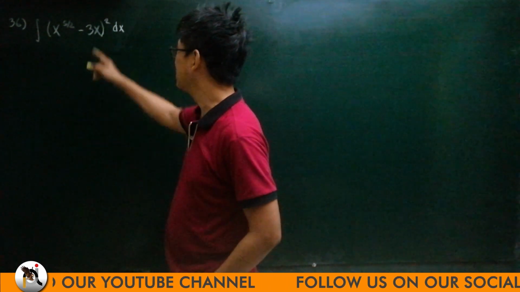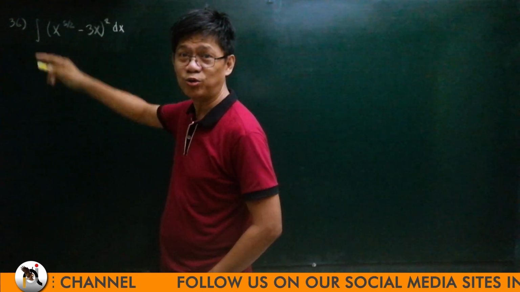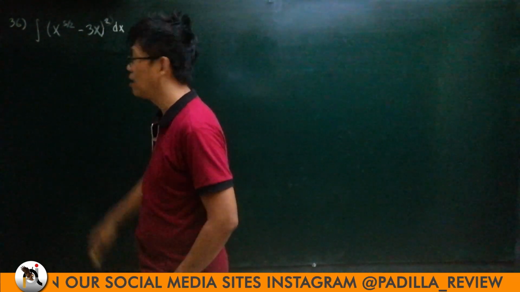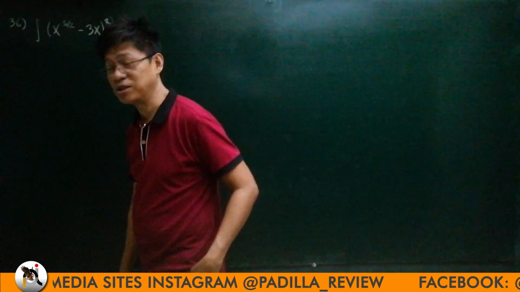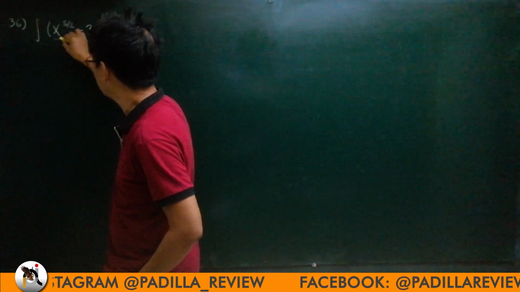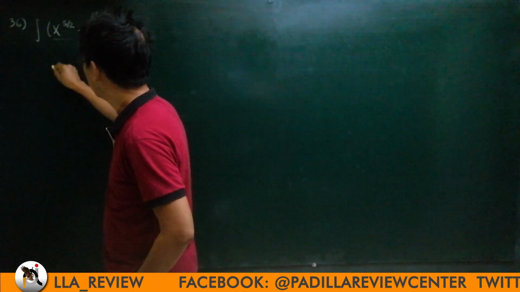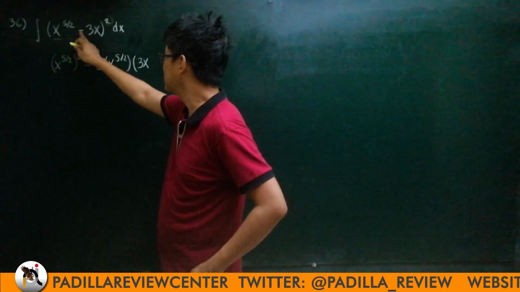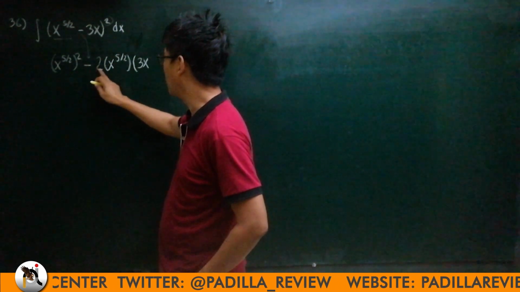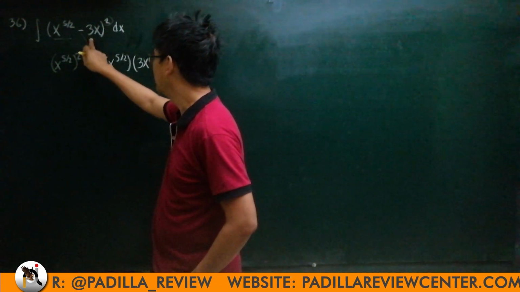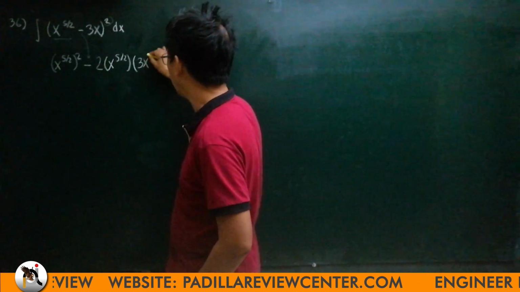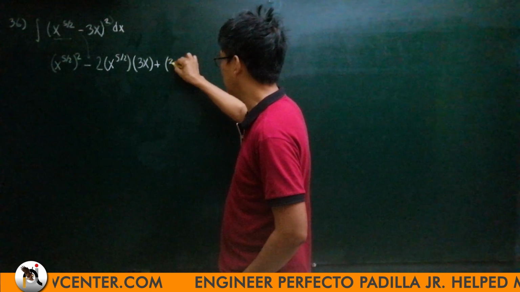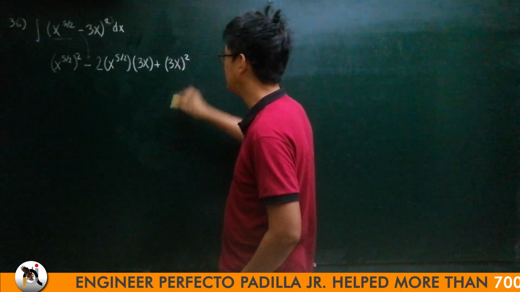So again, there is just an exponent. All you need to do is expand first. So this is squared. So there will be 3 terms in the expansion. It will be the square of the first. So this is x to the 5 halves squared minus, copy the middle sign, twice their product, x to the 5 halves times 3x plus the square of the second, 3x squared.